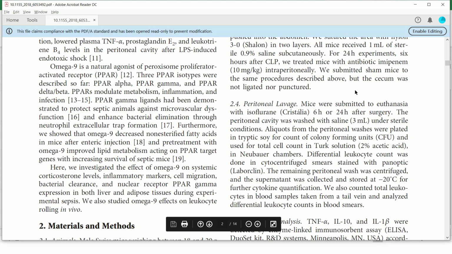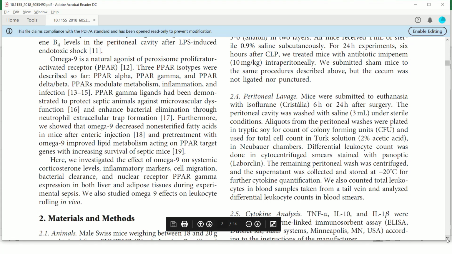After 24 hours they euthanized the animal and did a peritoneal lavage, and they looked at the total leukocytes in blood samples from a tail vein, and leukocyte counts.